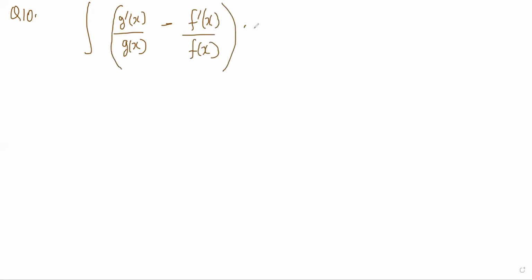The next one talks about the integral of (g dash x by g of x minus f dash x by f of x) whole thing multiplied by (ln of g of x minus ln of f of x) dx.